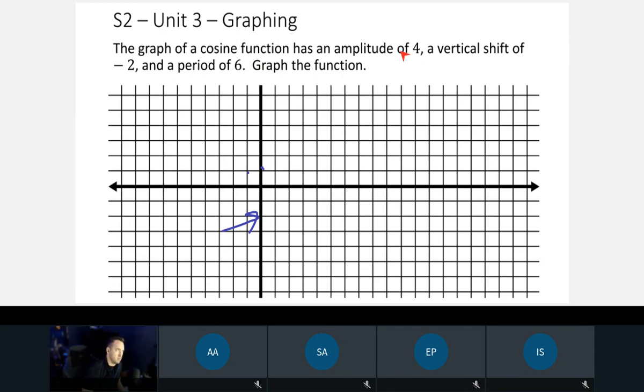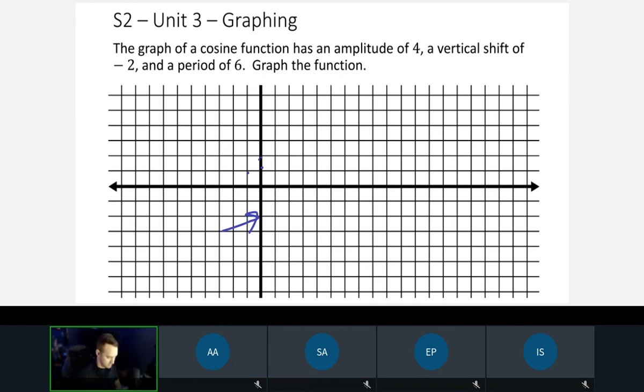The parent function amplitude is 1 by default, so we would go up 1, but because it's 4, we go up or down 4 units. So from our midline, we go up 4, and that'll be our first point.